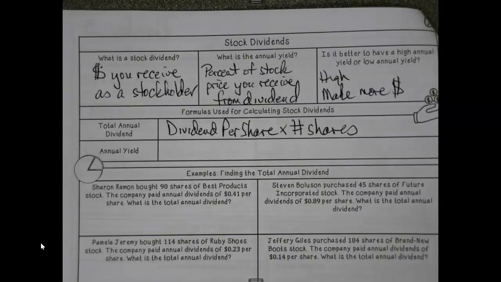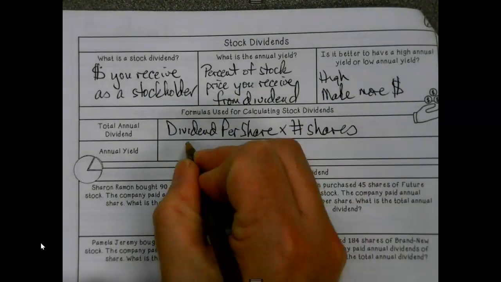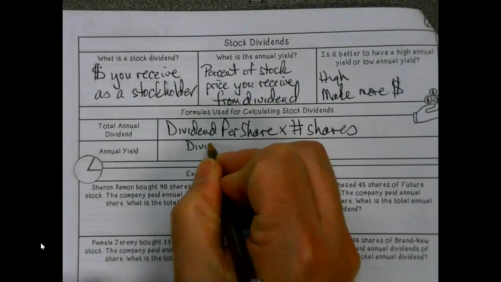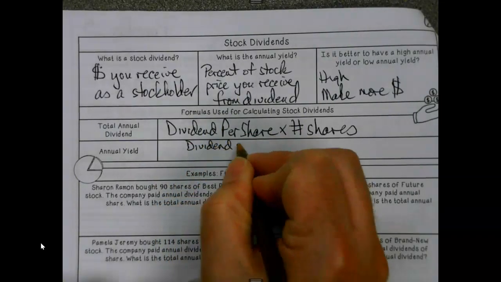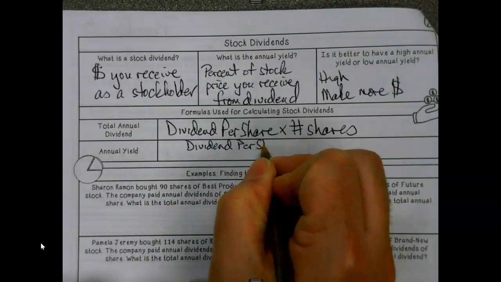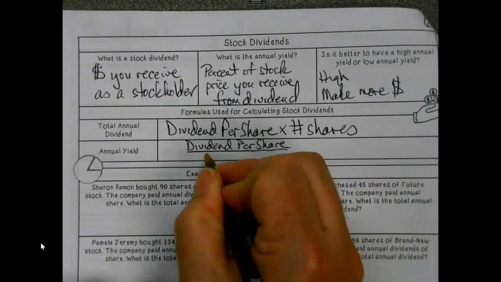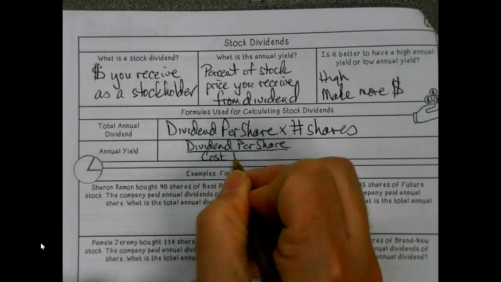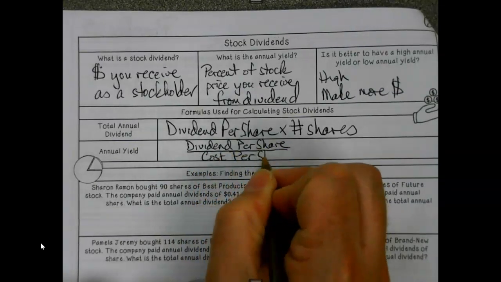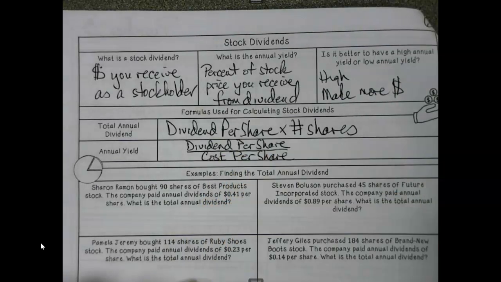And then your yield would be your dividend per share divided by the cost per share. Nothing complex mathematically. Again, just getting used to the vocabulary and where things go.